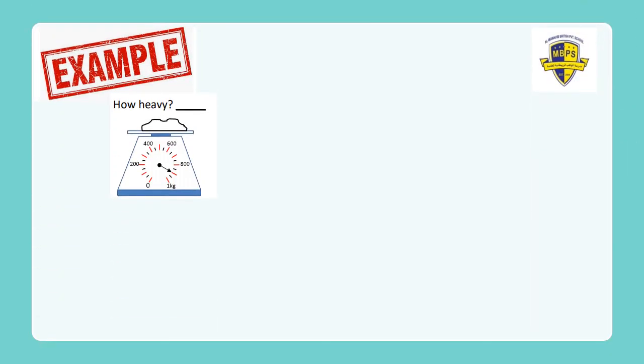Now, the last example, we have this parcel and we want to check how heavy it is. Okay, I will tell you the steps and you have to check the numbers. Then we check our answer. First step, look at 0. Second step, from 0 to 1 kg, we are counting in what? Good, in 200.